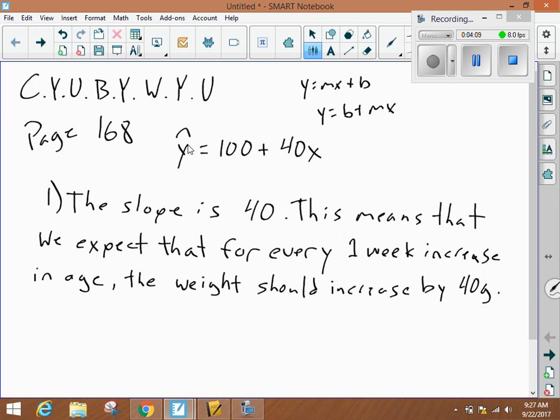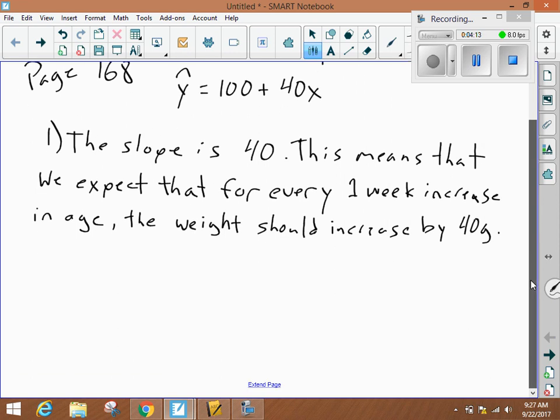Okay, 2. What's the y-intercept? What does it mean in context? The y-intercept is 100. So, y-intercept equals 100, but is in grams.